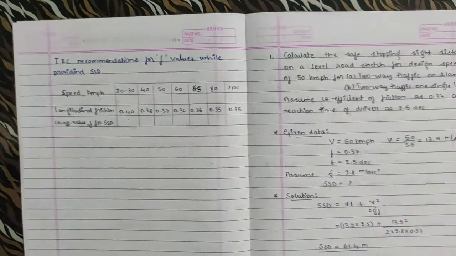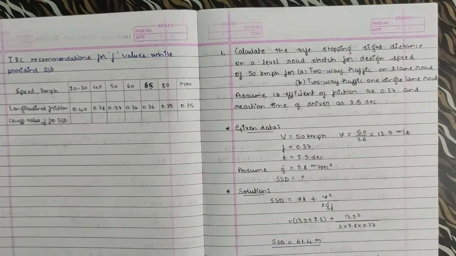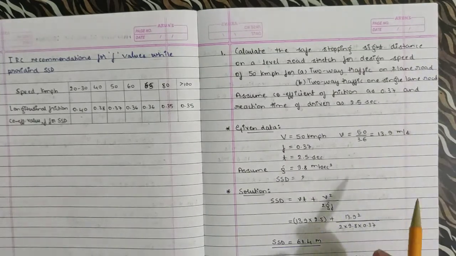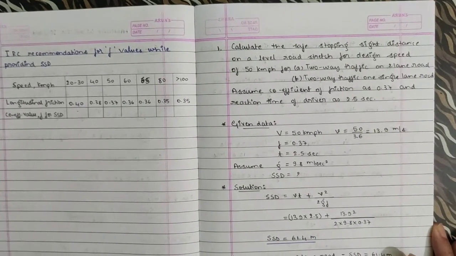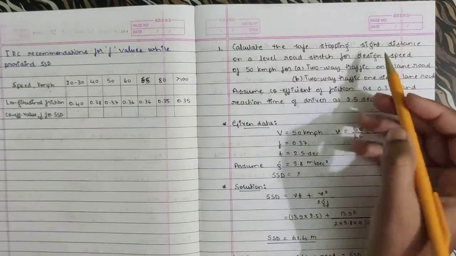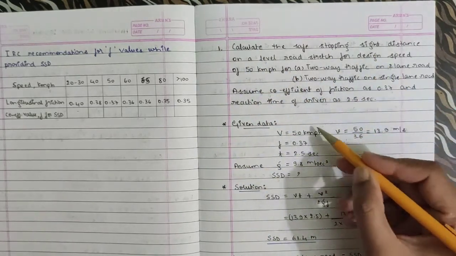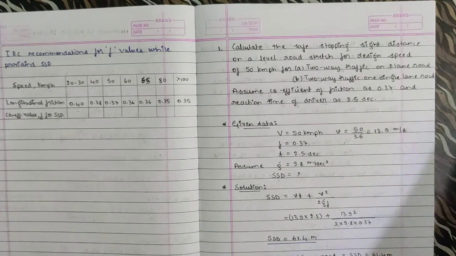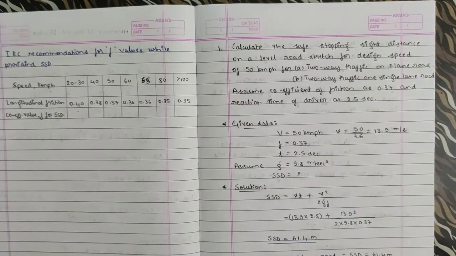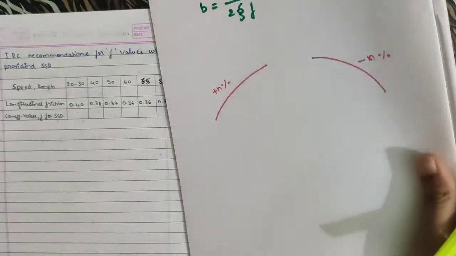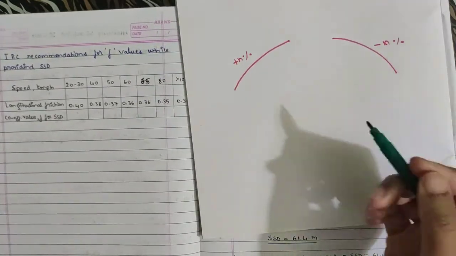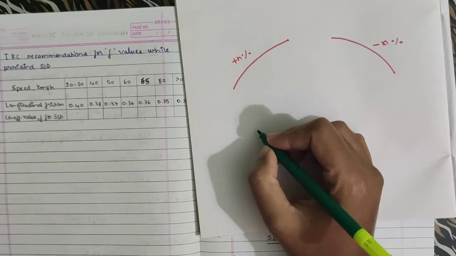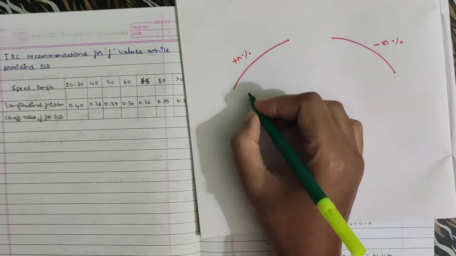Now we shall straight away get into the numericals. First I shall read out the problem, and while reading it out, simultaneously we shall write down the given data. Before getting into the problem, one more thing: we should know how to convert the given design speed in kmph to meter per second, because the equation for meter per second is very easy.